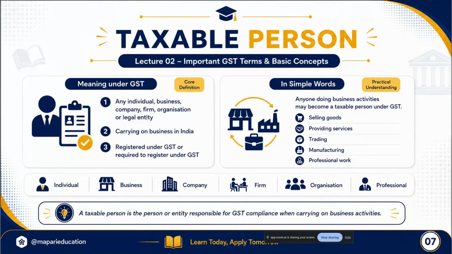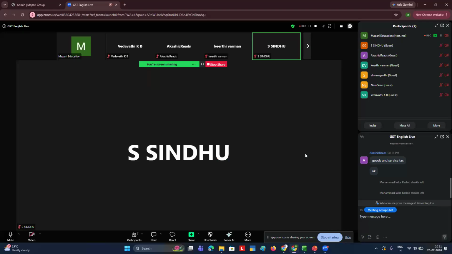Am I a taxable person? I'm not paying GST right now. Yes or no? Suppose today my turnover is exceeding, meaning I'm liable now. I have to pay taxes on whatever transactions I'm doing from now onward. I have to charge GST from the student and pay it to the government, because I'm going 20 lakh and above turnover today.